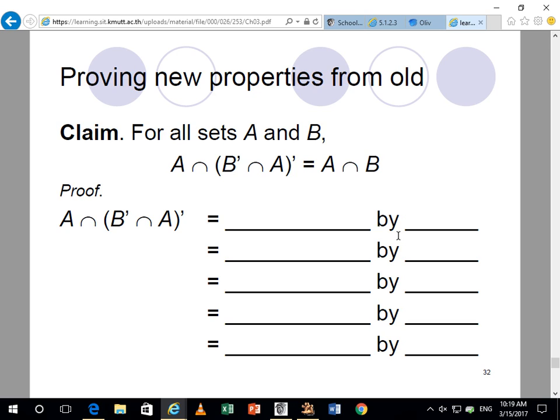So given all sets A and B, so we have two sets, A and B, general sets. We want to prove that this is true. It's an equality here. We have a left-hand side, which results in a set, and a right-hand side is another set. We claim the results of the left-hand side and right-hand side sets are equal.